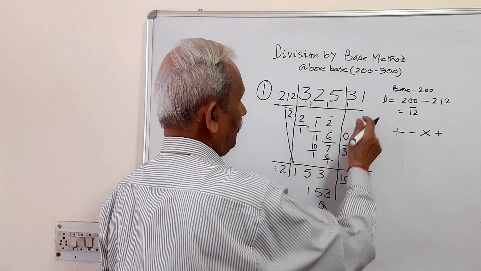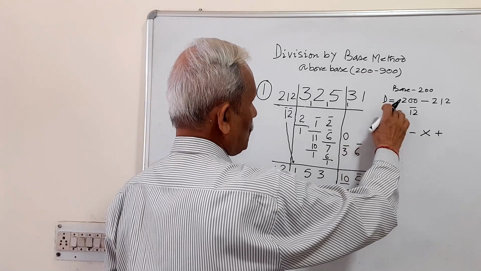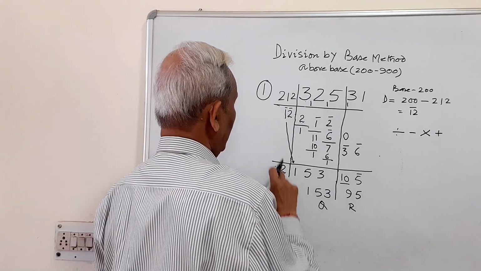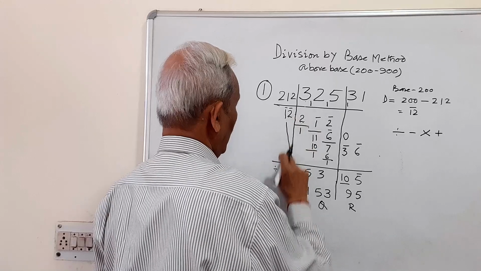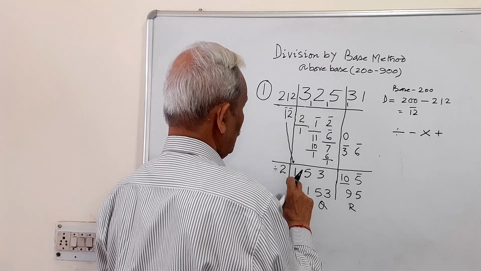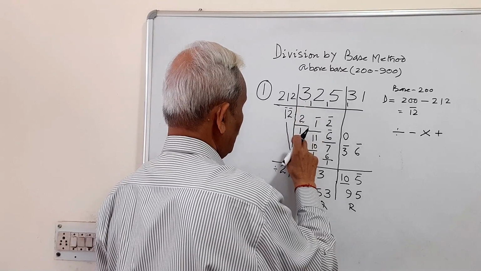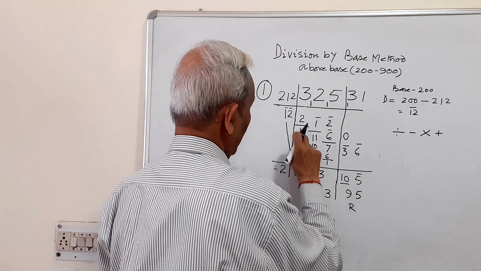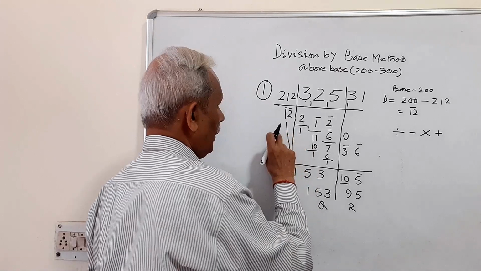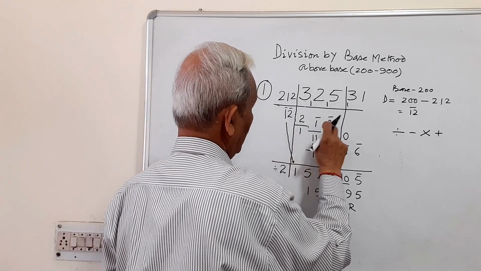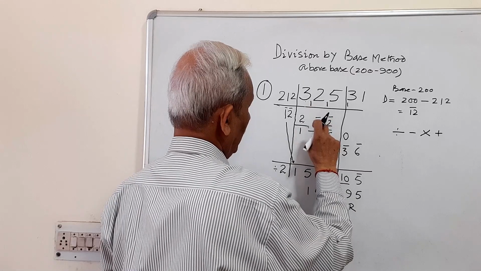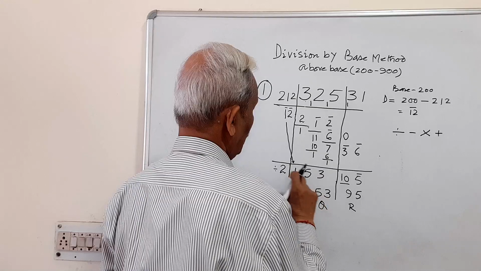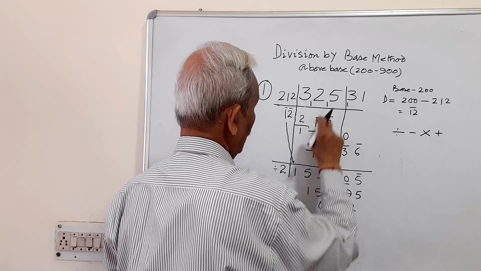I'll do it once again. Base is 200, difference is 200 minus 212 is 12 bar. Write down 12 bar here, the divisor is 2 here. Now divide this 3 by this 2, goes one time, difference is 1, divide and then minus. Now 1 into 12 bar is 1 bar, 2 bar. So it becomes 12 minus 1 is 11. Now 2 goes 5 times into it. 5 times 2 is 10. Difference is 1. 1 goes here.